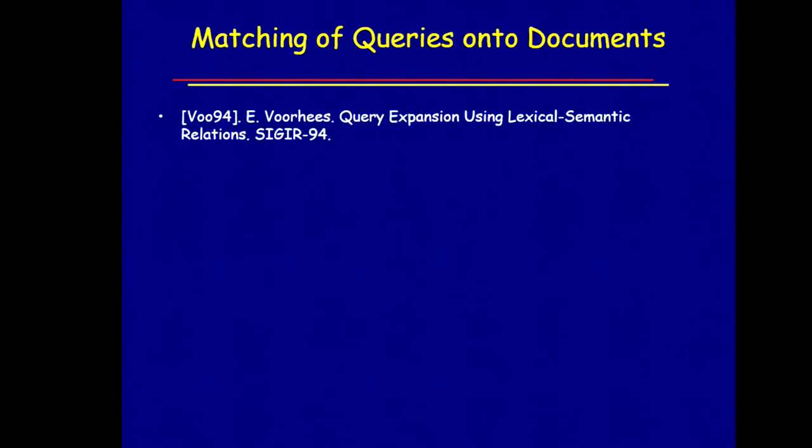But let's look at matching of queries and documents. Early on, Ellen Voorhees had this study of how information expansion could benefit from lexico-semantic relations, as she was referring to them. The idea is that WordNet existed by then. It became better known, and the question was obviously, okay, then we have WordNet, it covers quite a bit of English concepts.